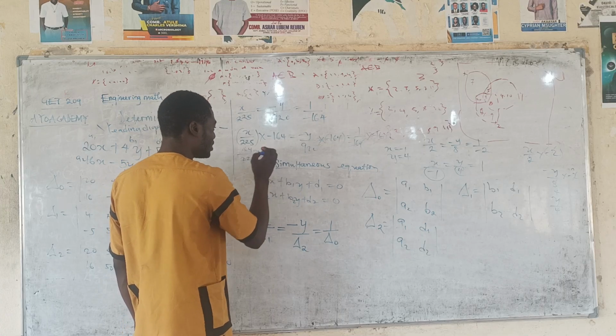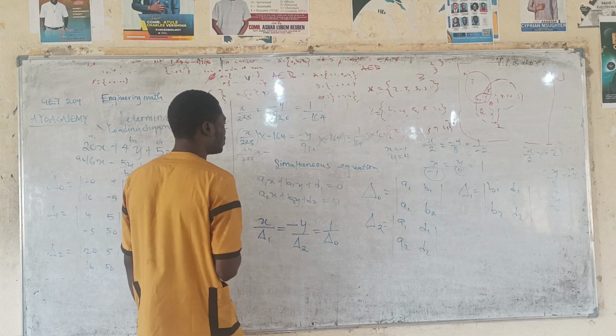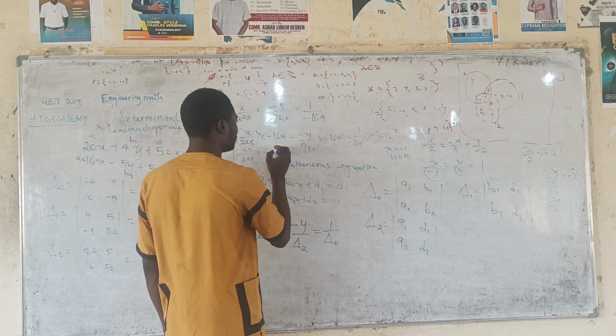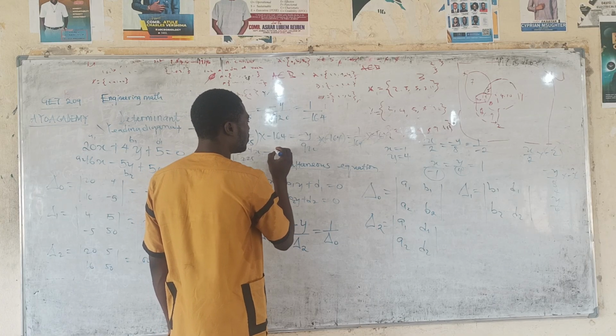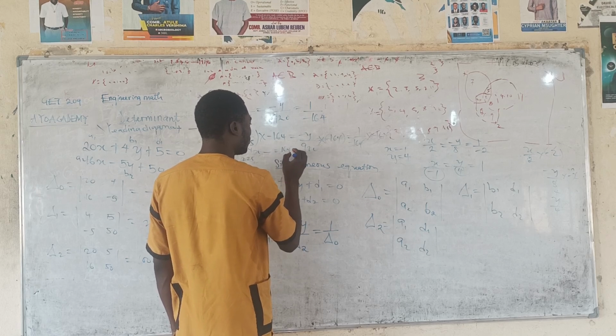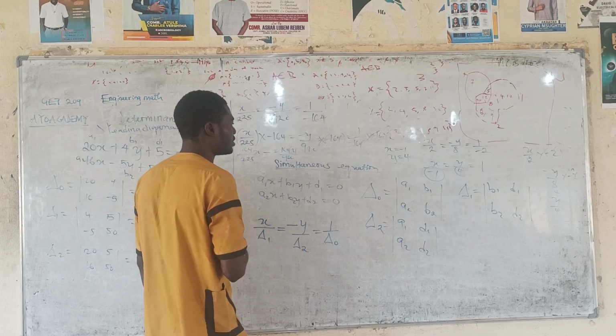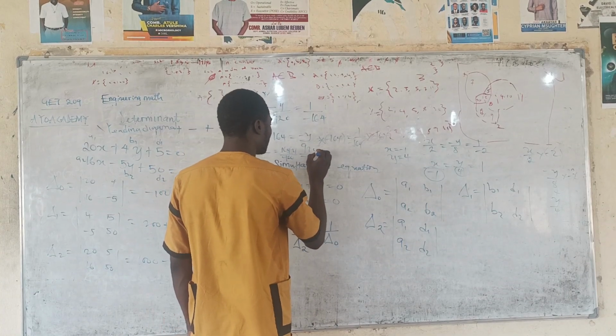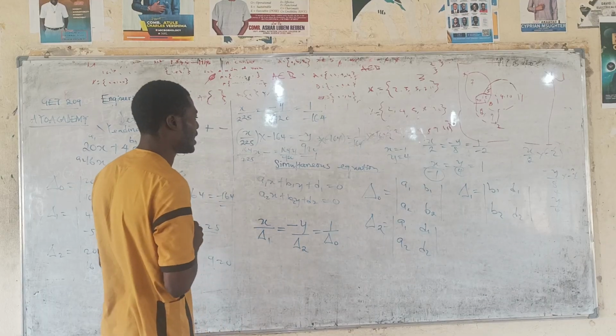Yes. Minus 164y plus 164y over 920. And the other one equals 1. Is that taken?